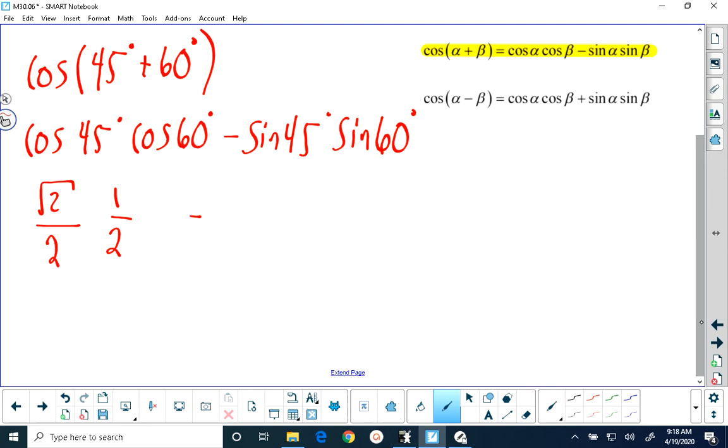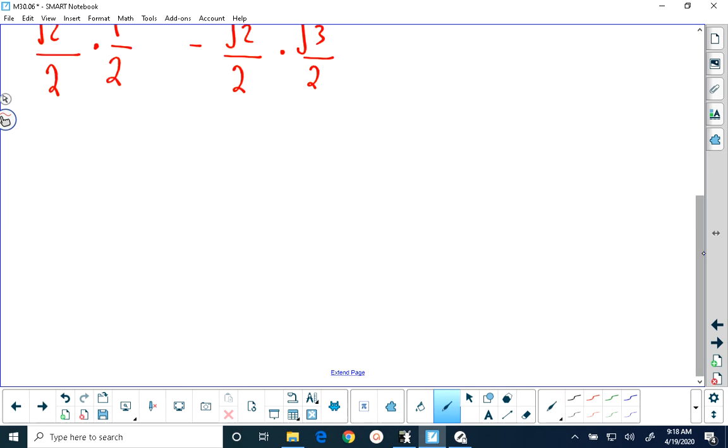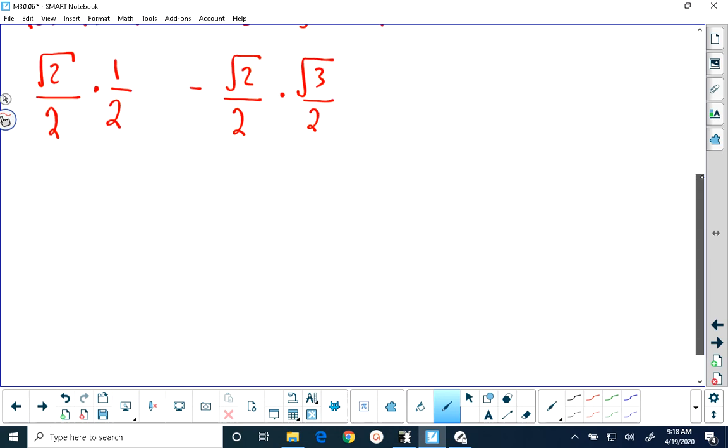Minus the sine of 45 degrees is the y coordinate, my mistake, at 45 degrees, multiplied by the sine of 60, which is the y coordinate at 60, which is root 3 over 2. So we're multiplying fractions here. Root 2 over 2 multiplied by 1/2. We multiply across the top, and we multiply across the bottom to get root 2 over 4.